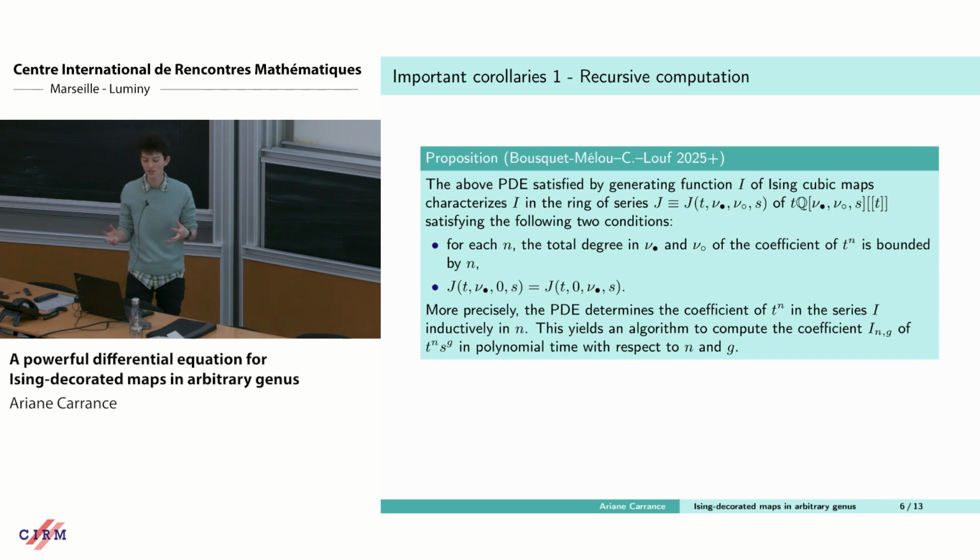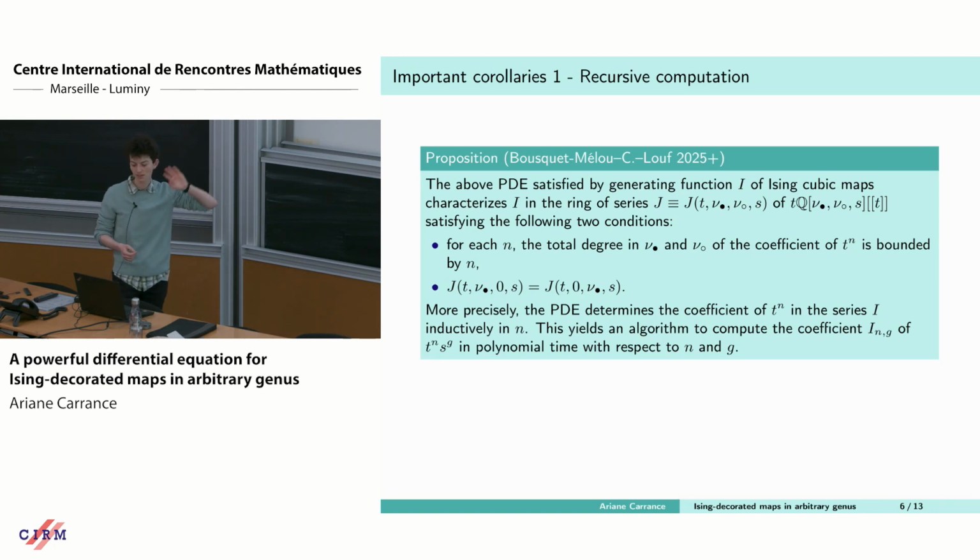The first is that this PDE allows us to compute recursively the coefficients of this generating function, and it characterizes it. So if we assume that we have a series in T, nu black, nu white, S, that satisfies two conditions.